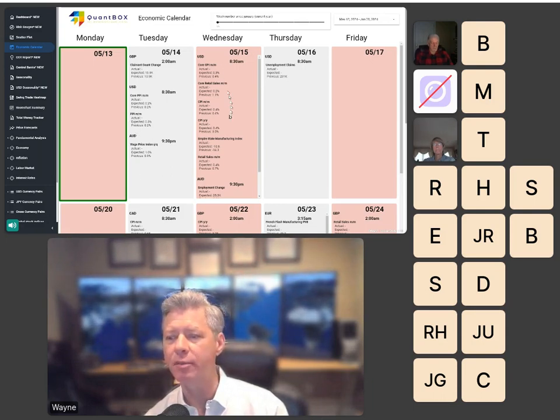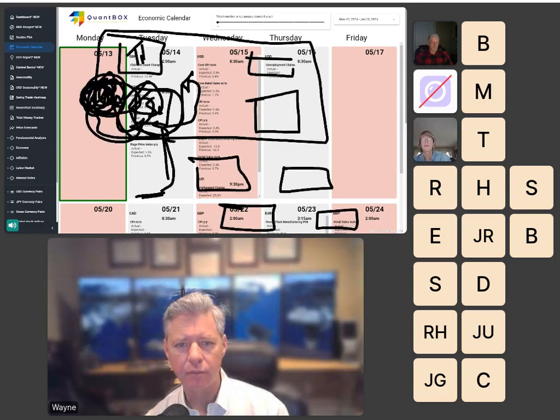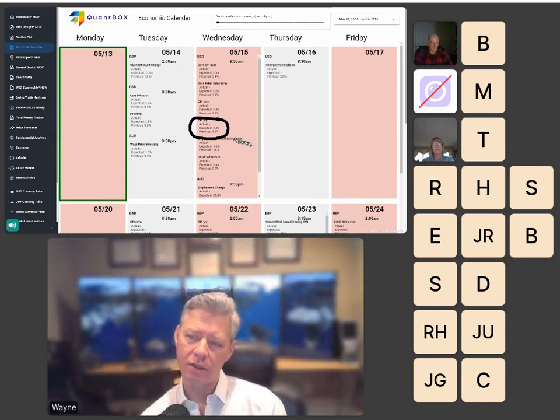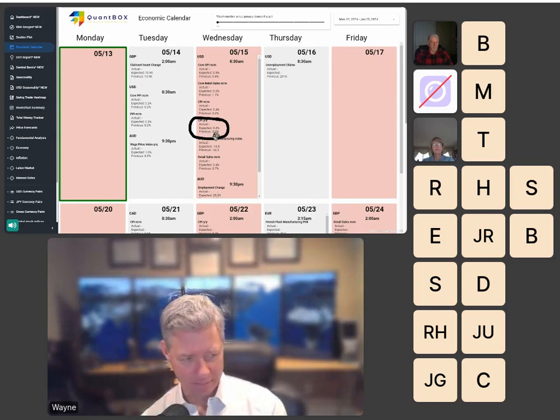And then Wednesday's the main event, and there's more emphasis on this than normal. So let's talk about that for a bit. It's expected that year over year CPI inflation comes down.